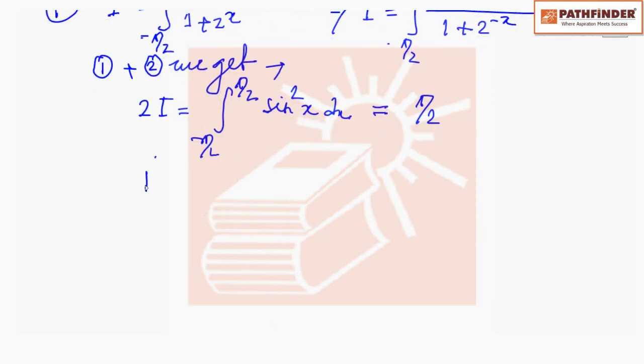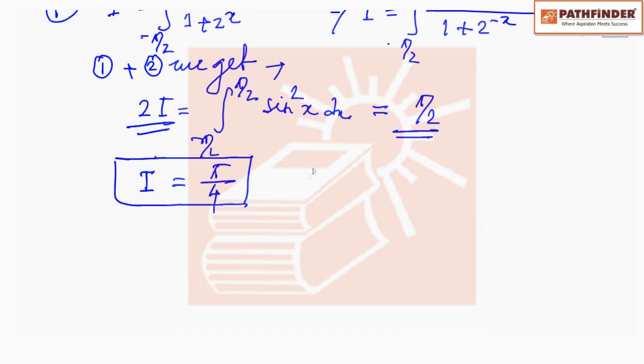Because 2I equals pi by 2, I equal to pi by 4. So the answer is 3.